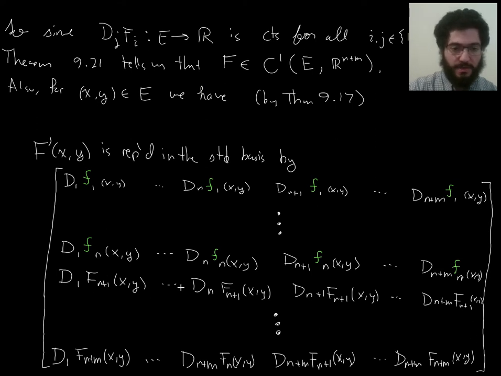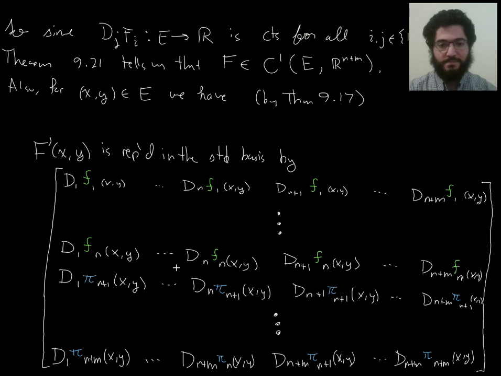So all of the capital F's here and down, from this row downward, are actually just pi sub whatevers. So let me make the replacements. Okay, there we are. So for example, d1 capital F sub n plus 1 at xy, that capital F sub n plus 1 was actually just pi sub n plus 1, and so on for all of these.